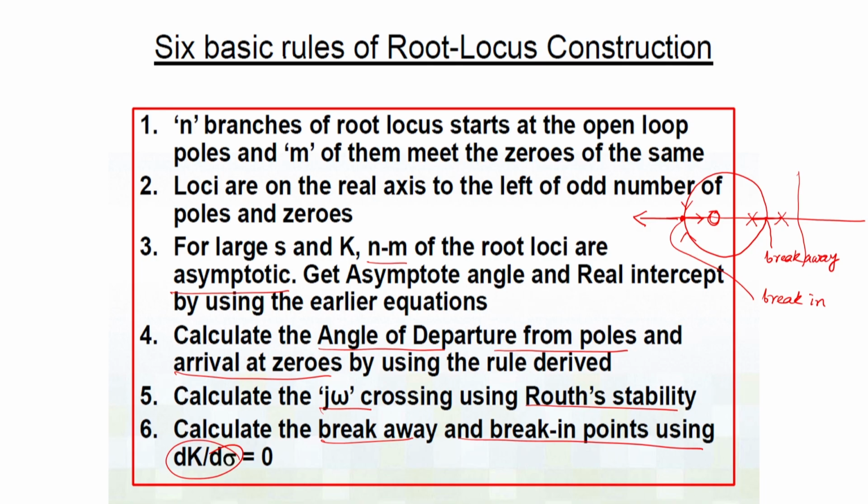Now, when it is here on this branch, dK/dσ equals 0, because that corresponds to the maximum gain at this point, and when it is just meeting here, dK/dσ equals 0, because that corresponds to the minimum gain at this point. So, this is the dK/dσ equals 0 part.